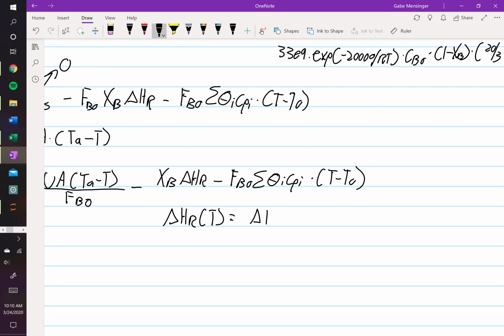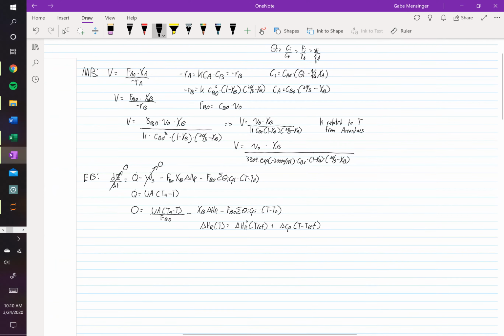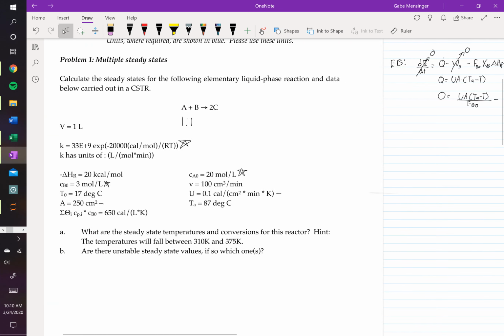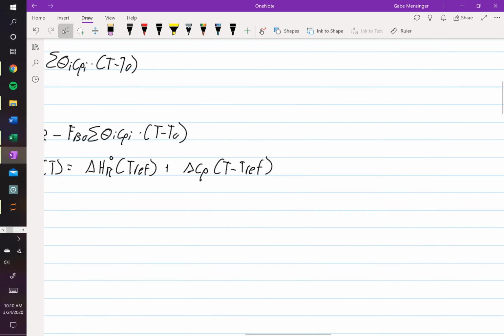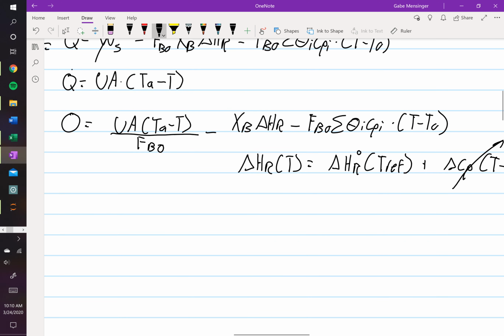It's equal to some delta HR of formation at some reference temperature plus delta CP times T minus T ref. However, we are just given delta HR, and we're not really given any information about a delta CP. So we are going to assume that delta CP is 0 and delta HR is not a function of temperature, so that the one we have is essentially just constant.